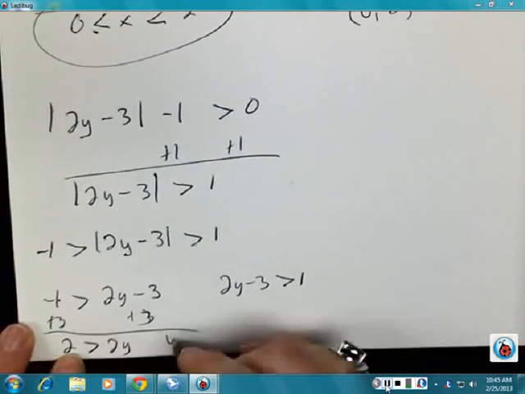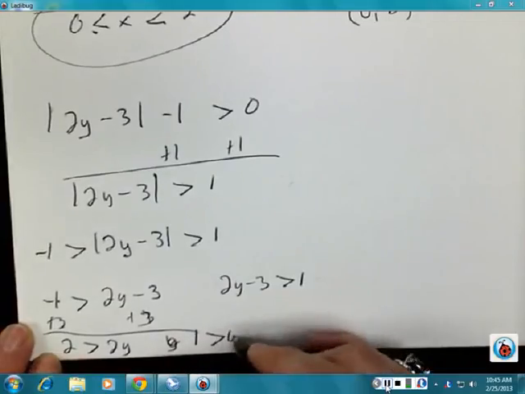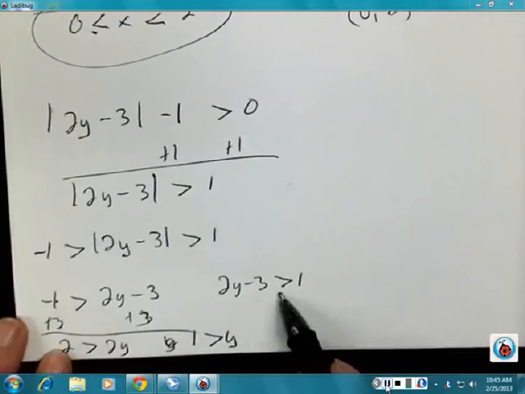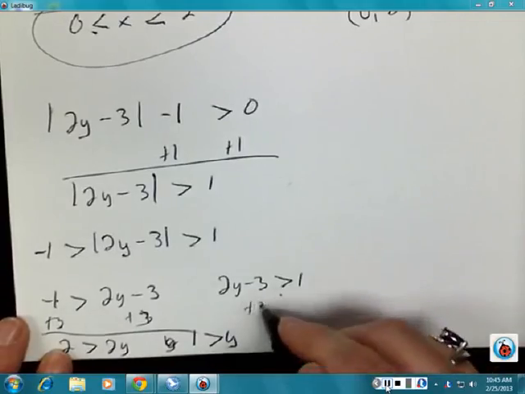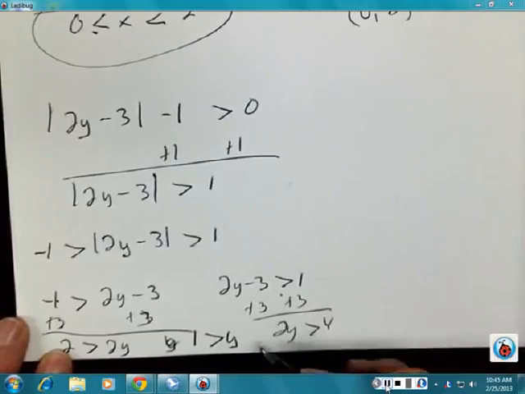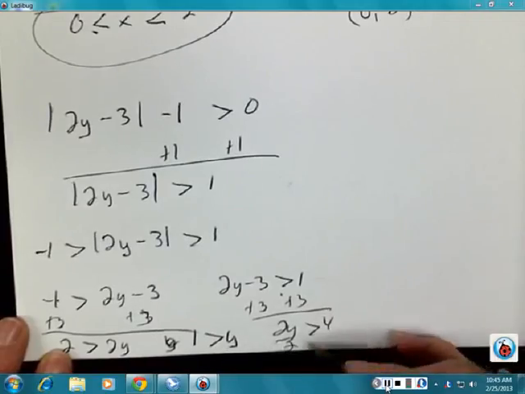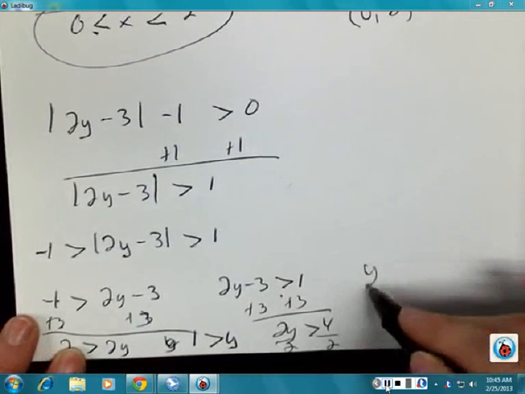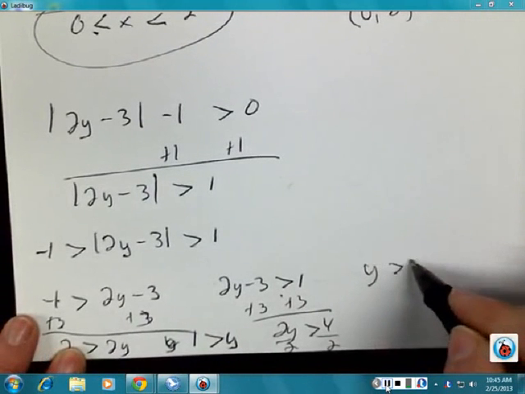Divide by 2, I find 1 is greater than y. And when I solve the other one, I'm going to add 3. Divide by 2. And I find y is greater than 2.